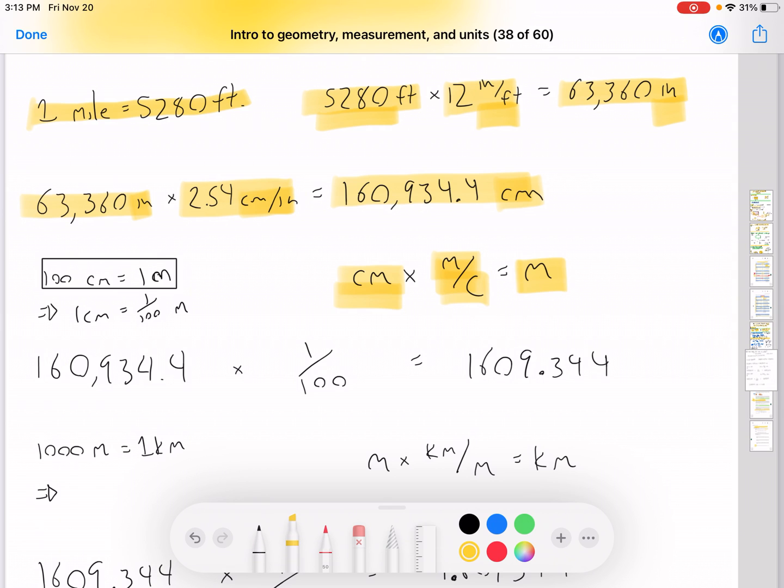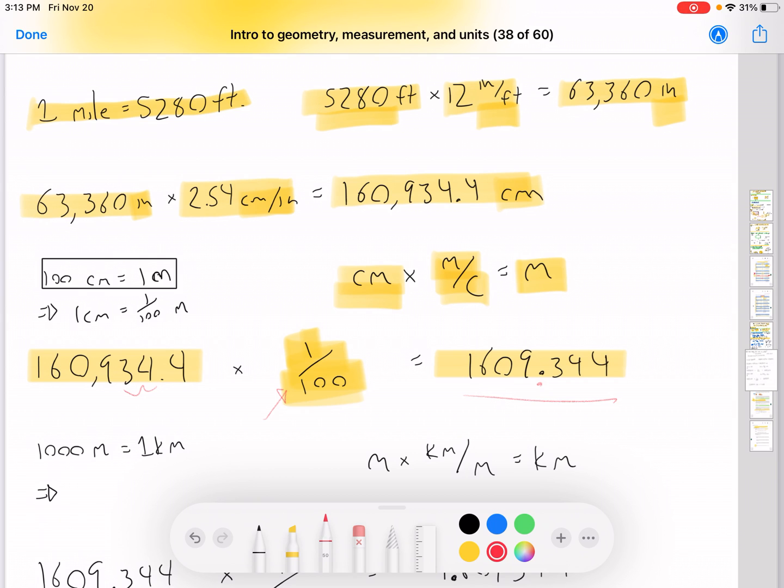So now I can go total number of centimeters in a mile times meters per centimeter equals the total number of meters in a mile. Please take note, this is also something we've talked about. When you multiply by 1 over 100 or divide by 100, it just moves the decimal place back 2 places, but other than that, the numbers should look basically the same.